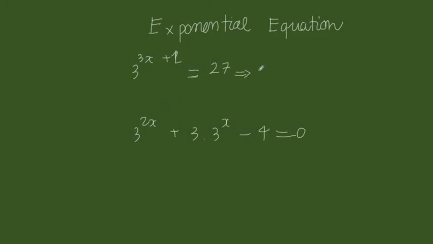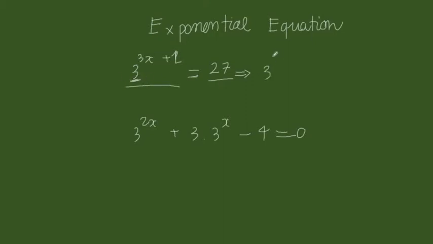When you are asked about the equation of the power number, you should remember this: you have to change both sides to be exponential, and then the base numbers of the exponentials have to be equal. For example, on the right hand side we have 27, but on the left hand side you have a power number with base 3.